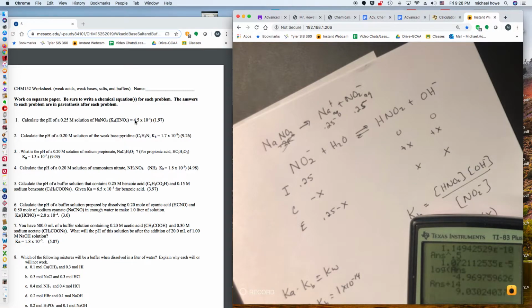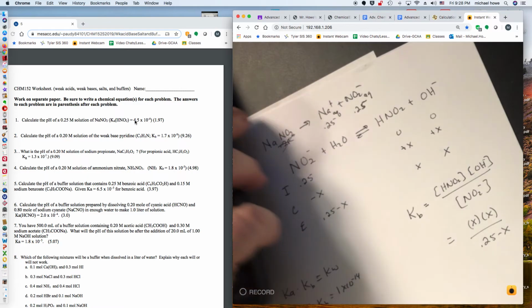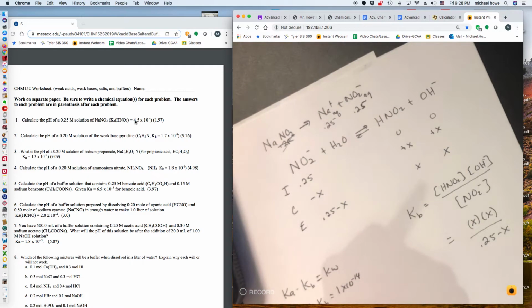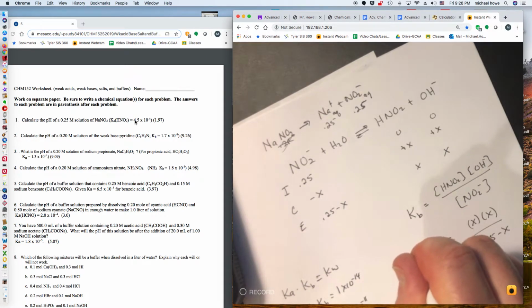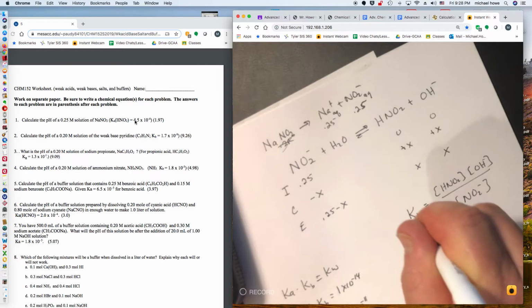So 1 times 10 to the negative 14th divided by 4.5 times 10 to the negative 4th is 2.2 times 10 to the negative 11th. So Kb equals 2.22 times 10 to the negative 11th, and that is what we would use there.